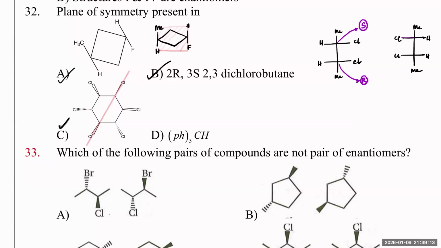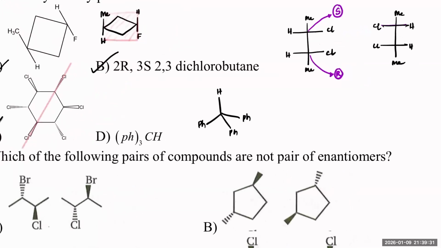Correct. Last one, a carbon having one hydrogen with 3 phenyl groups like this. The question is, does this have a plane of symmetry or not? I told you about this.